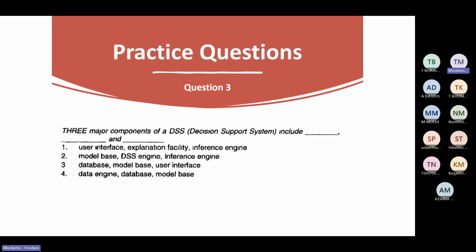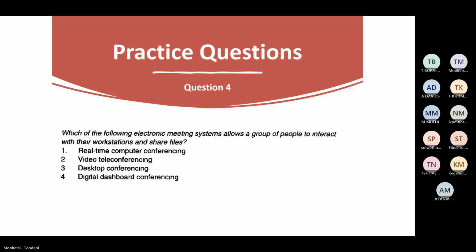But we know that there is a 4th component, which is a DSS engine, but they did not include it in the correct answer. But those 3 in option 3, that is the correct answer. Okay, thank you for that.